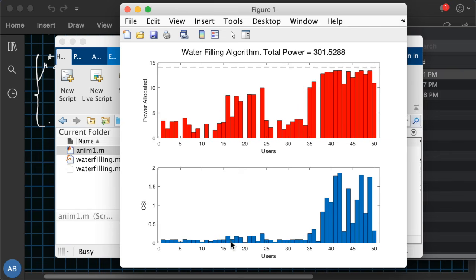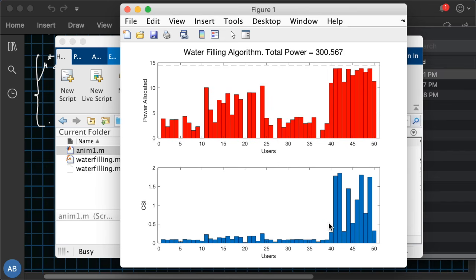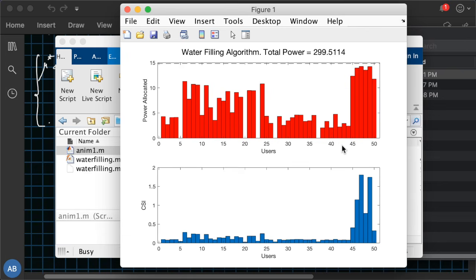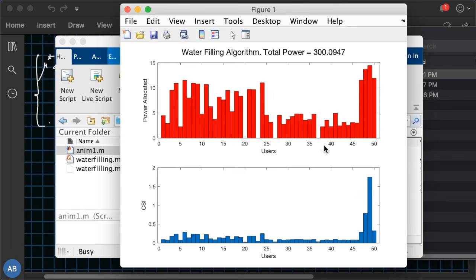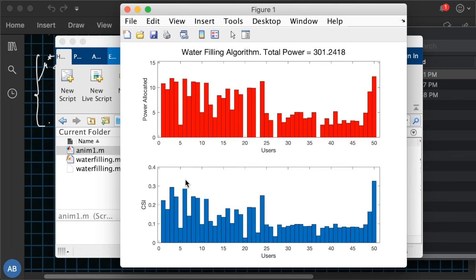You can see as the channels are getting better and better, we allocate more power, right? Here there's a fade in channels corresponding to users 40, 41, 42, and hence they get less power, right? So yeah, this is how you can visualize the water filling algorithm.